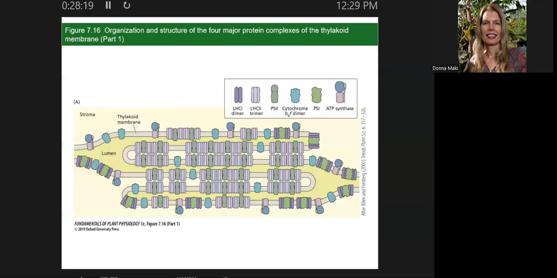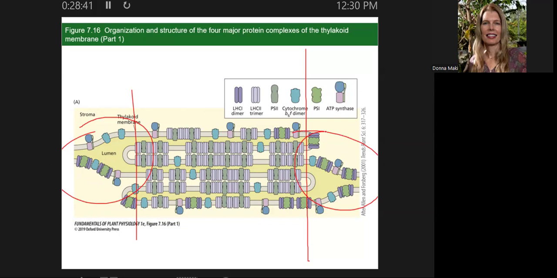If you look at a thylakoid membrane, here they're just showing a section of it, and they're zooming in on mostly the grana in this area here. This is the grana. And then the stroma lamellae they have going off to the sides here. If you look at the color coding, you can see that there's a lot of the olive green as photosystem 2.